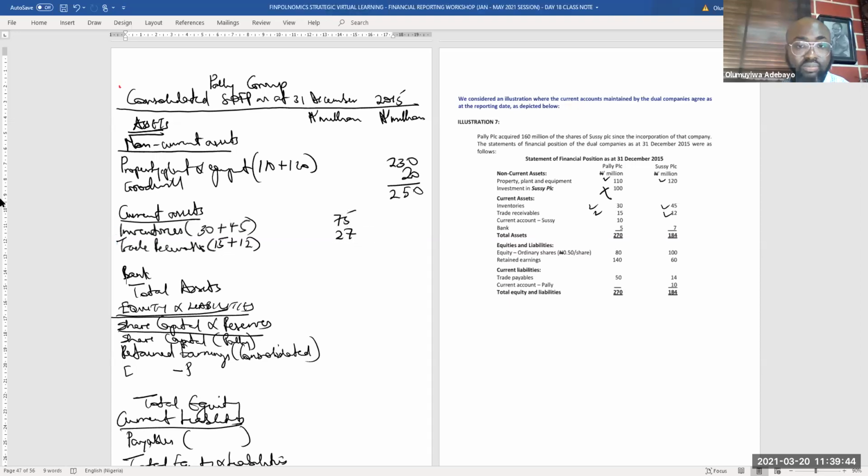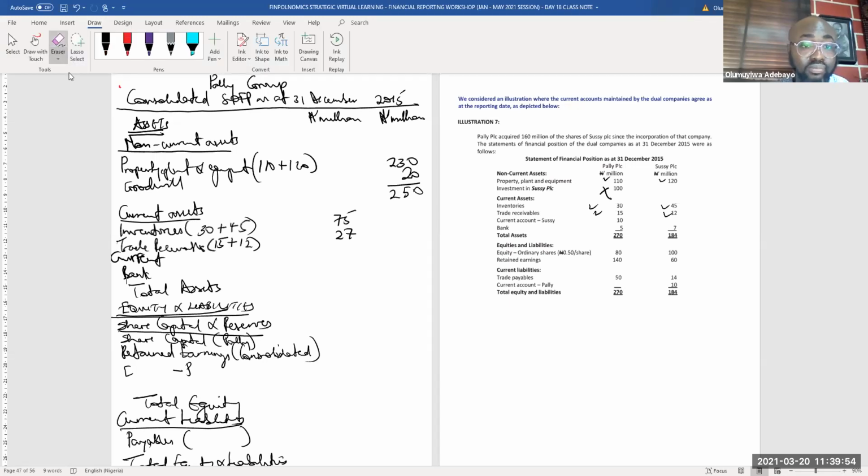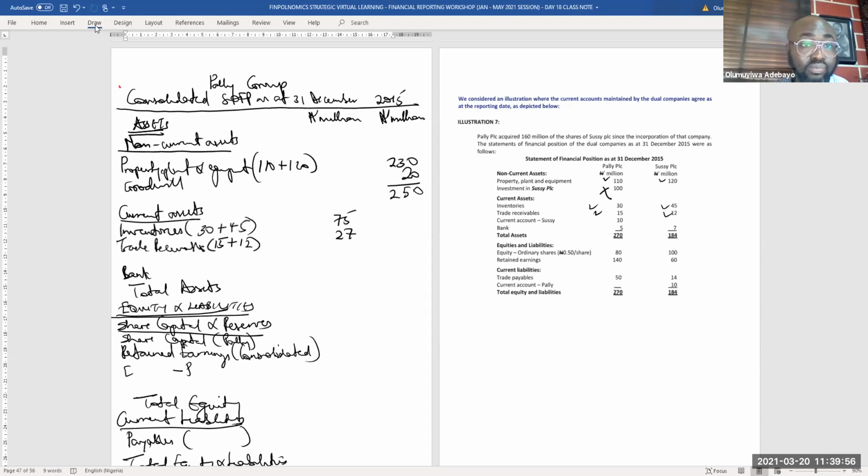I have current accounts. I have 10, nothing here, means 0, 10 and 0.